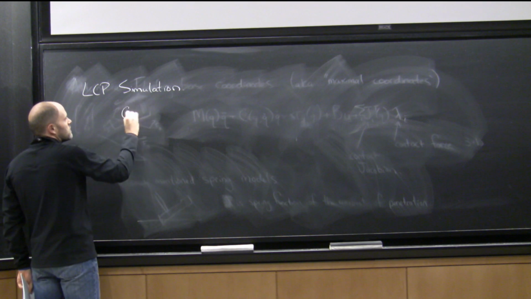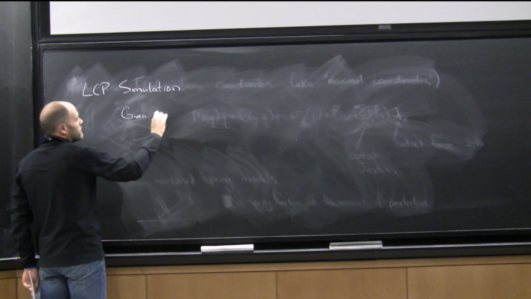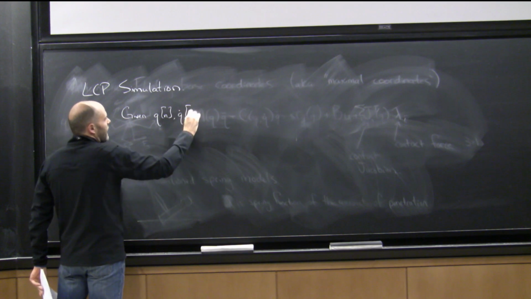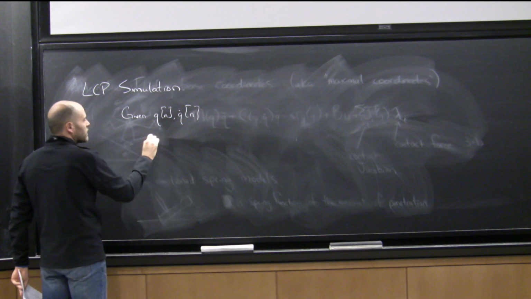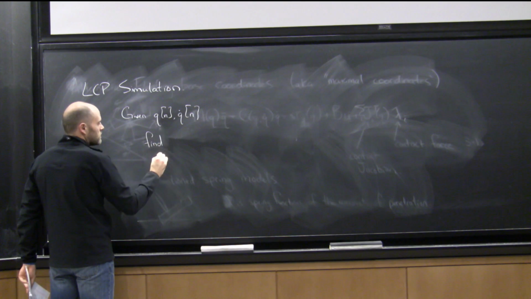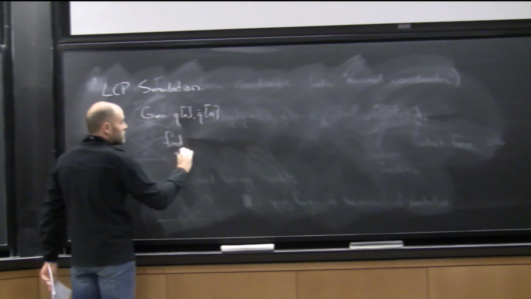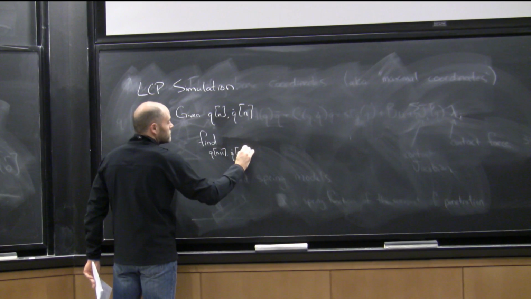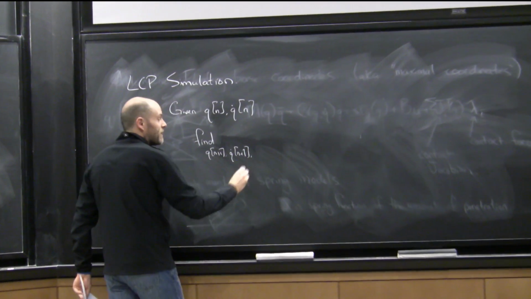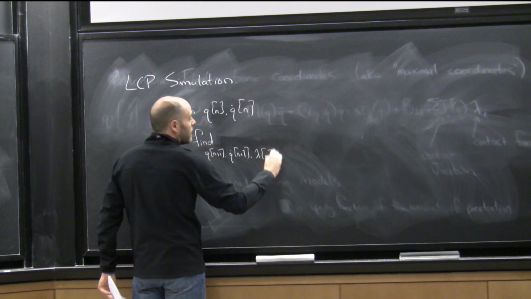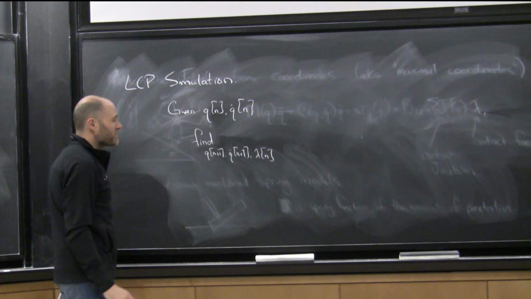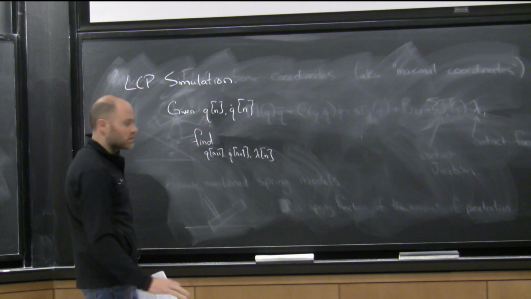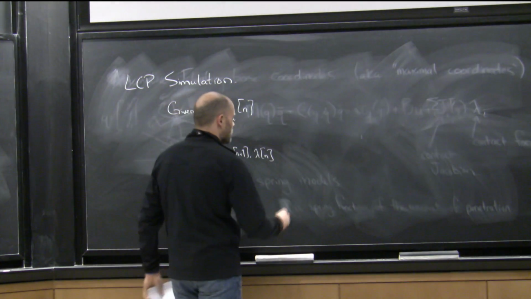Given my current Q_n and Q dot_n, I'm going to find Q_{n+1}, Q dot_{n+1}, my contact forces at n, and some slack variables for friction, but I'll continue to sweep those under the rug.